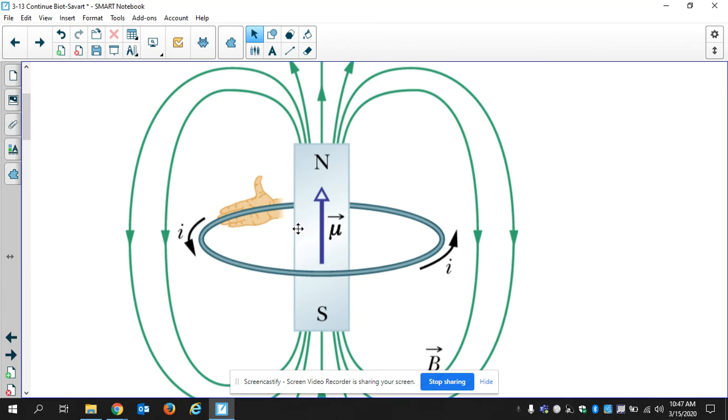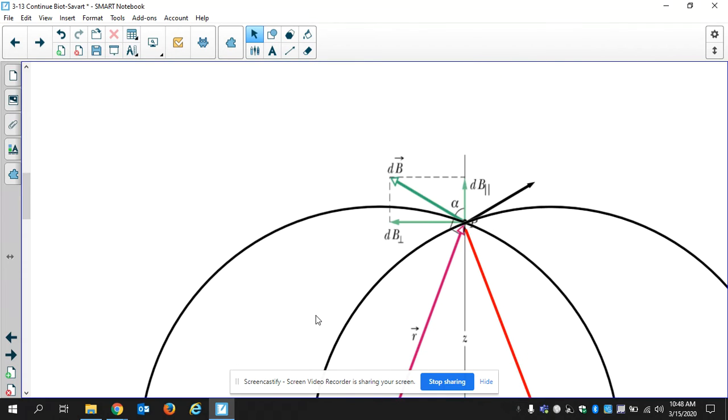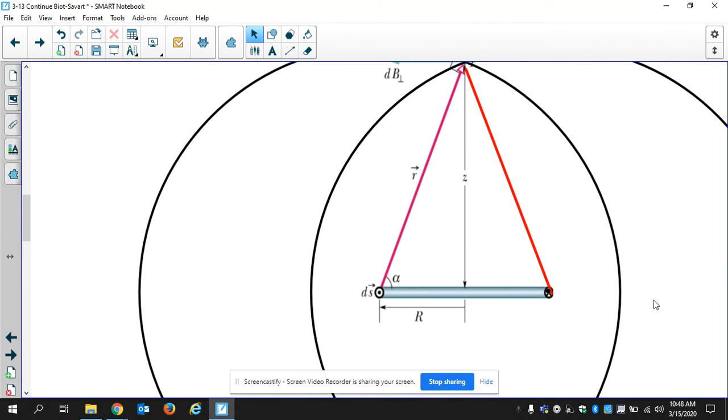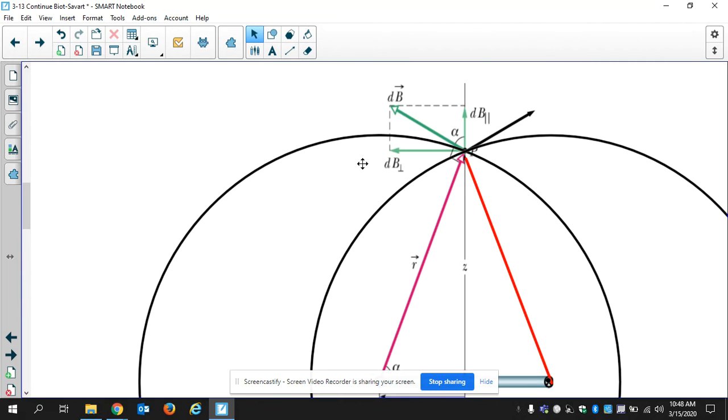If the current runs this way, why does it behave like a magnet with the north end here and south end here? To answer that question, we would say, okay, here is the current coming out. And then if you put your right hand in the direction of that current, you get a magnetic field. This is the circle that is centered on that, and the magnetic field would sweep around and come that way.